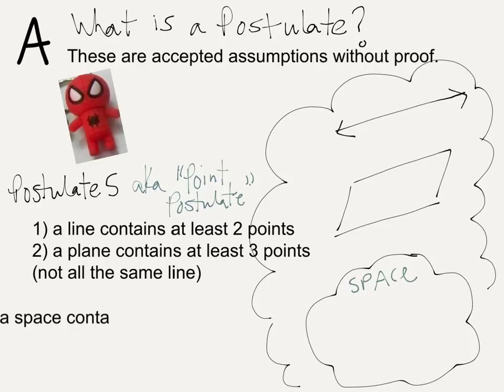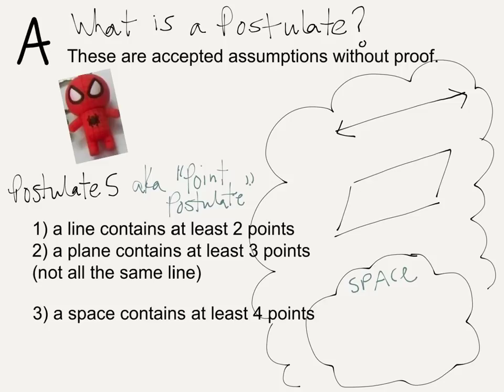A space contains at least, well, now we're doing 4 points. I'm going to move this over just a little bit. At least 4 points. And those 4 points are not all in the same plane.